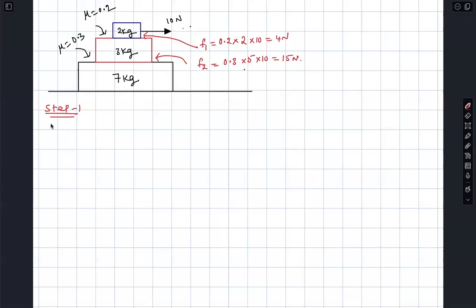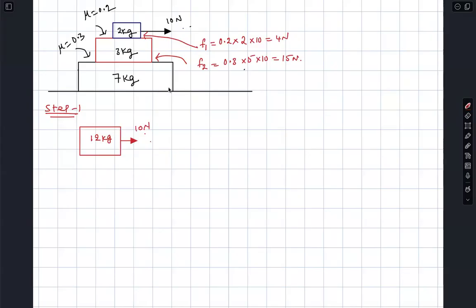Now, my dear, actually I was expecting you to assume all the 3 as one single block. That is 12 kg. And by the way, you are applying a force of 10 newtons. Is there any friction between 7 kg and floor?